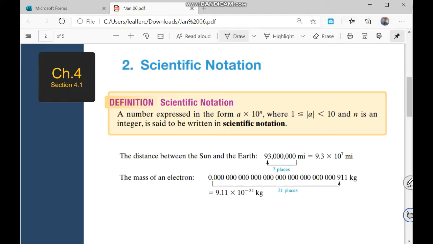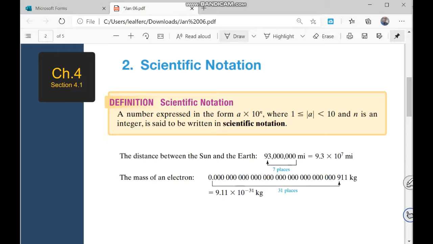Examples we have here: the distance between the sun and the earth, which is 93 million miles. This is a large number, right? 93 million miles. We can represent it in a short way. It's easier to work with this. It equals 9.3 times 10 exponent 7.